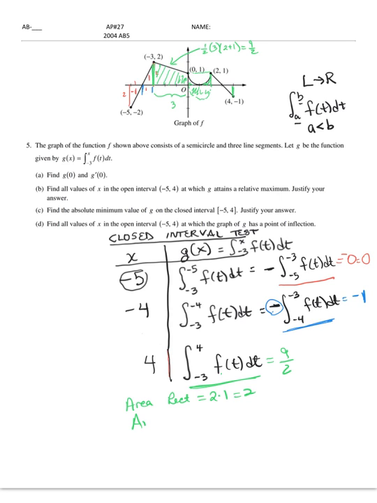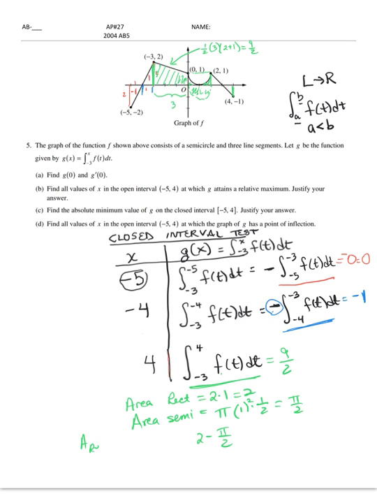The area of the semicircle would be pi times its radius, and its radius looks like it's 1 unit, pi r squared times a half, which is pi over 2. So the area of the region in green below that semicircle would be 2 minus pi over 2.